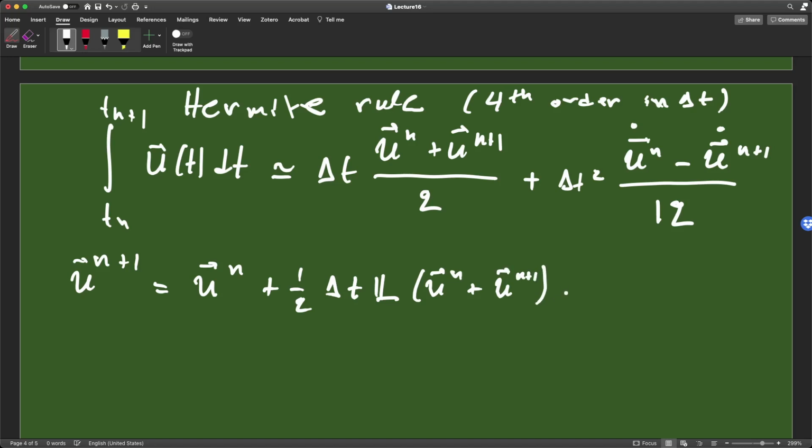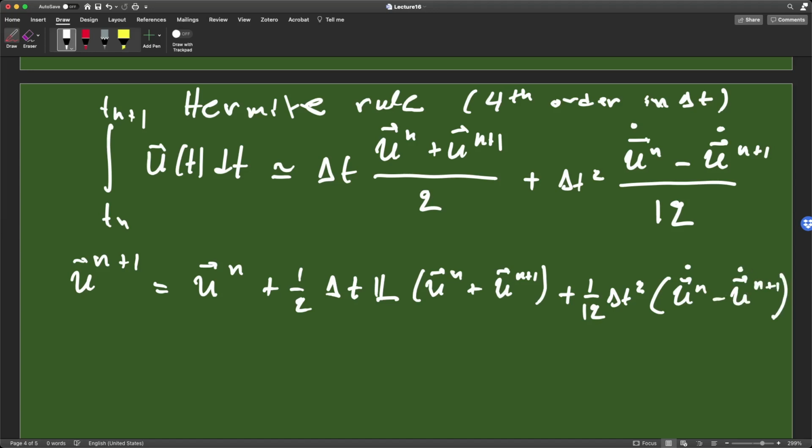And then the other term is 1/12 delta t squared, and then we have un dot minus un plus 1 dot.